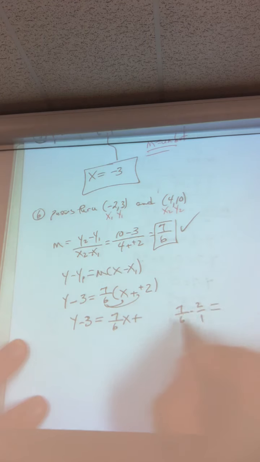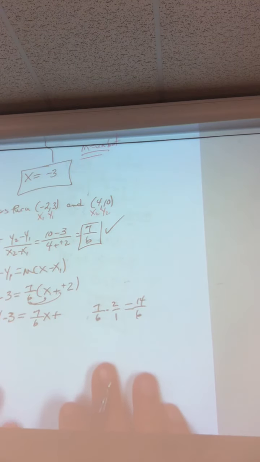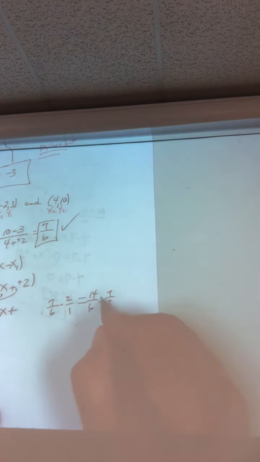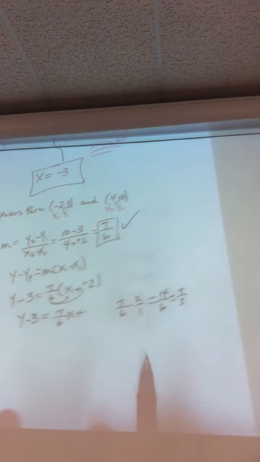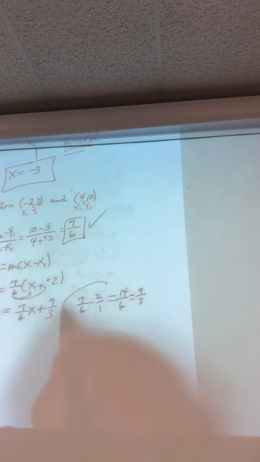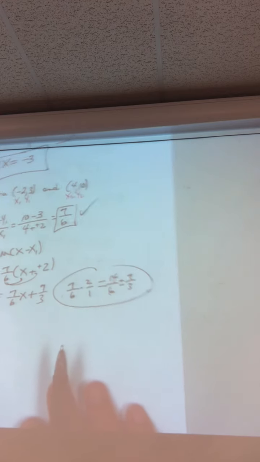How do we multiply 7 over 6 times 2 over 1? Straight across, that's 14 over 6, but that reduces to 7 over 3 because 2 goes into both of those. So this becomes 7 over 3. So here is the scratch work for that.